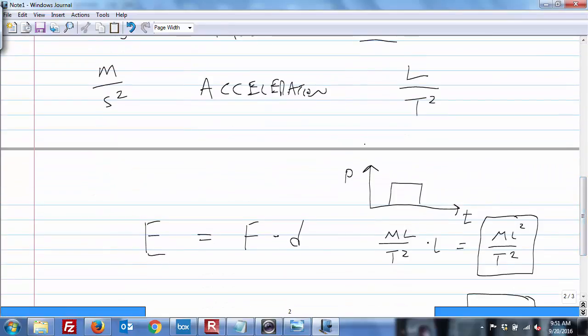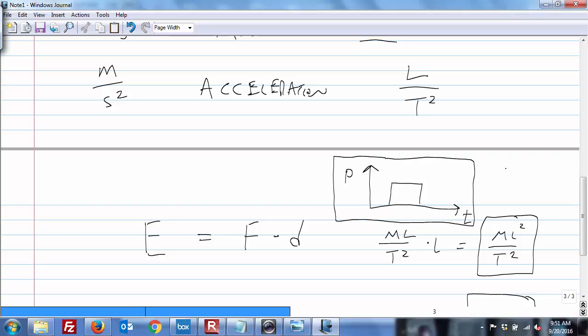The figure I drew here is an example of an integral. It shows that energy equals the integral of power over some change in time. This little delta t, and all of the area in here, is energy. Okay, so that's Newton.